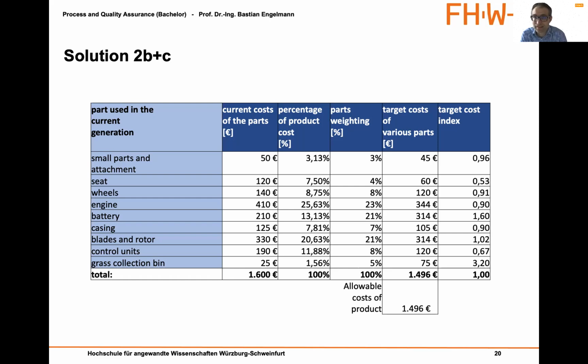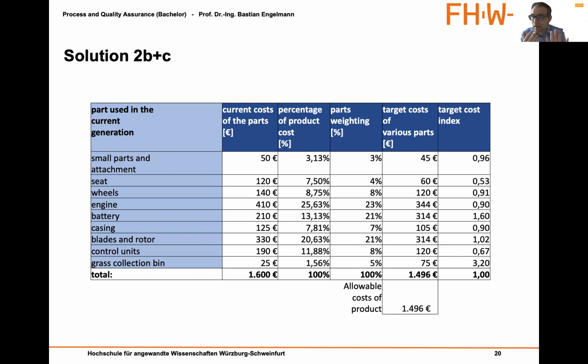This should not mean that we increase the internal costs of our battery. This would be a crazy thing, but this means that we could put more importance into the battery. So we could think about offering more functionality in this component.